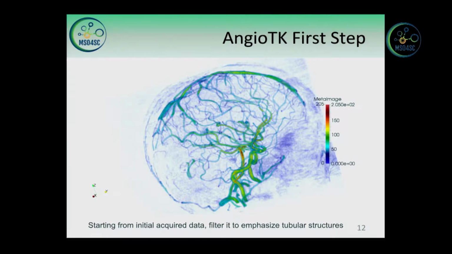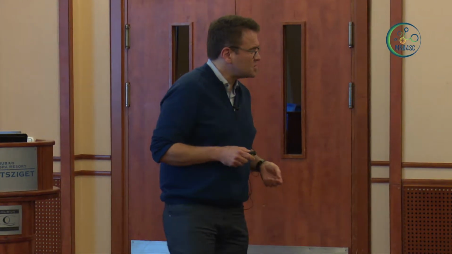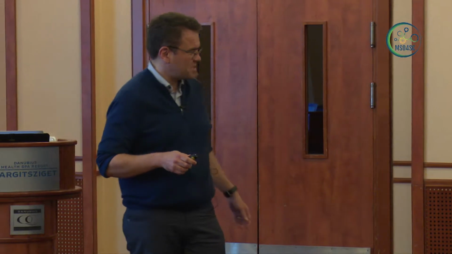So the first step is that here we want to emphasize the tubular structures inside the image. This is a filtered image where the algorithm emphasizes the vessels, because otherwise there would be quite a bit of noise and other kinds of information.